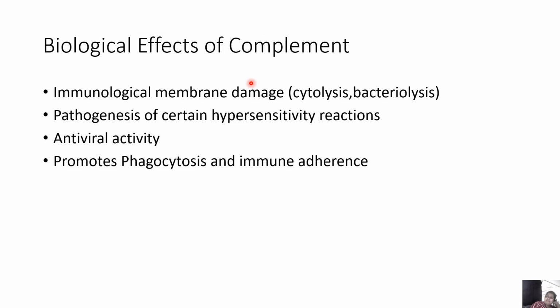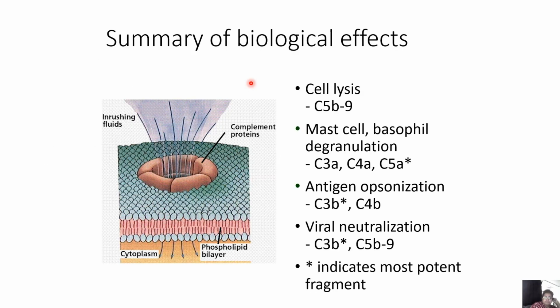So the biological effects of complement, if we try to list them down, are immunological membrane damage like cytolysis, bacteriolysis, pathogenesis of certain hypersensitivity reactions, antiviral activity, and promotion of phagocytosis and immune adherence.